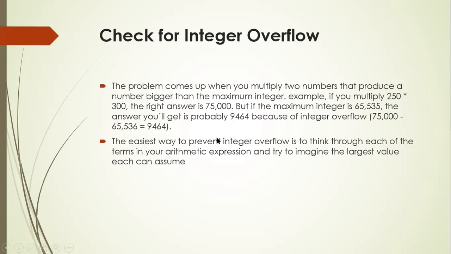Therefore, while using integers, we have to keep in mind whether this integer is going to hold the value that I am going to store in it or not. If it is not going to store such a large range of values, we have to use another integer type to avoid such errors.